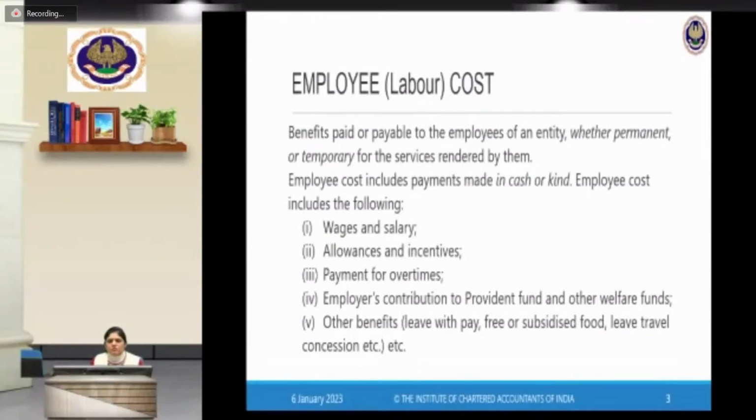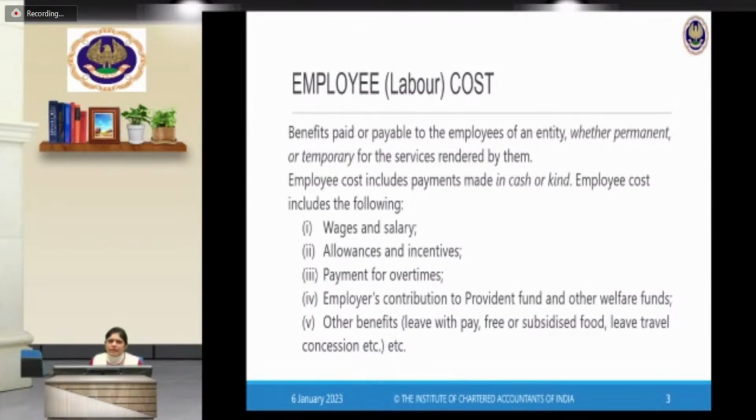Employee cost includes payments made in cash or kind. For payments in kind, we calculate the value and charge it to employee cost. So it includes wages and salaries, allowances and incentives. Allowances are regularly paid to an employee, and incentives depend upon the category of employees.